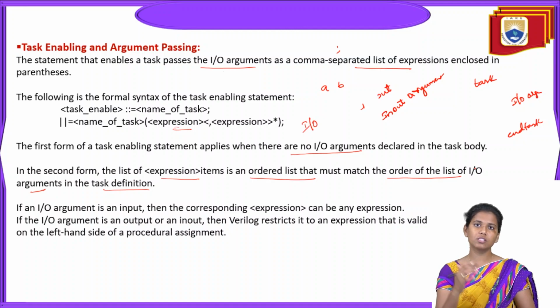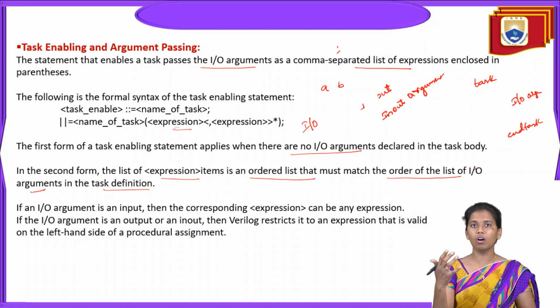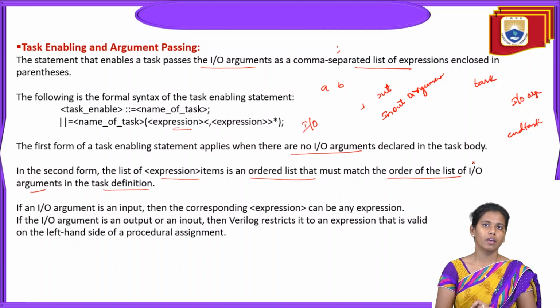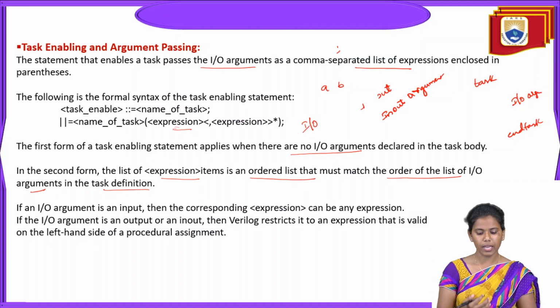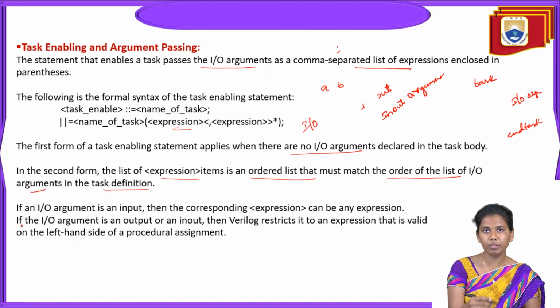So it must match a certain order with respect to the input-output arguments in the task definition. These are the two forms of task enabling to write proper code. And then we'll move forward.